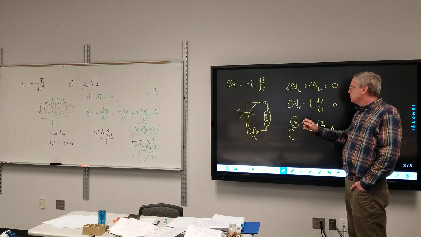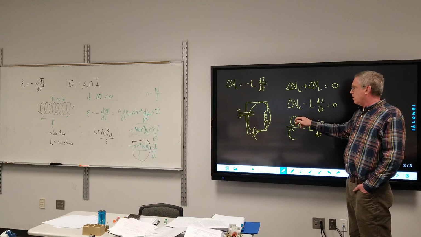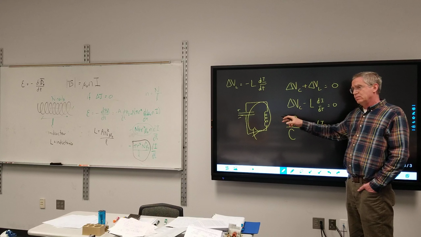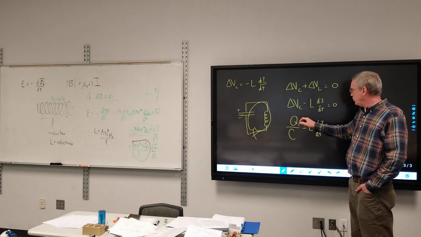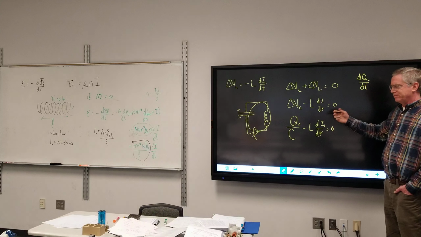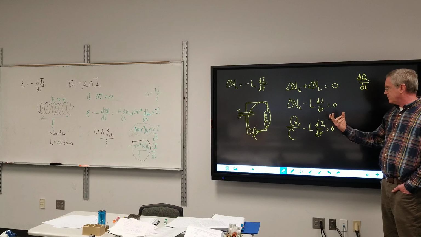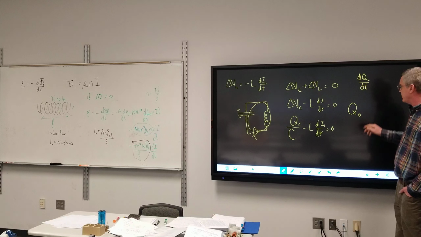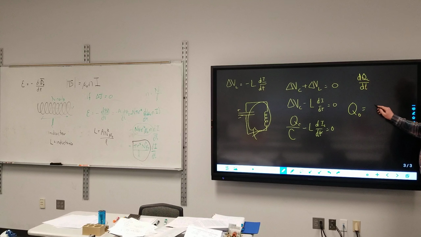Recognize that the charge that is on the capacitor is charge that is not flowing across the inductor. At any moment, this Q_C and this current are related to each other, but that is not complete. I start out with whatever my initial amount of charge is on the capacitor, and that's going to be equal to the charge still on the capacitor plus the charge that has gone across the inductor.